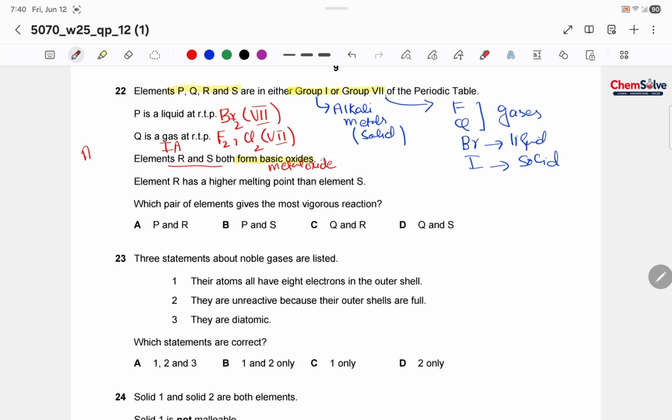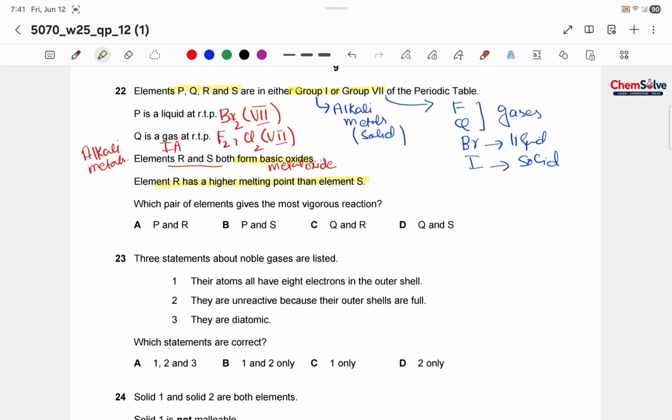Both of them would be alkali metals. Okay, now element R has a higher melting point than S. So we have concluded till here that R and S are both elements of group 1.